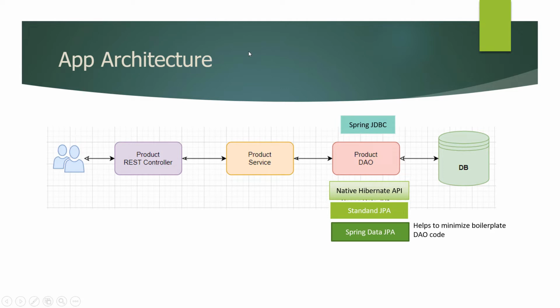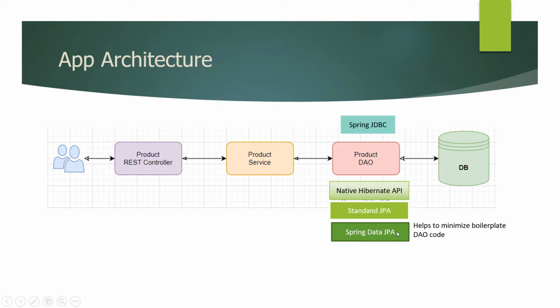So this is the application architecture, and we can see that when the client requests the endpoint, it goes to the controller, and it goes to the product service, like the service layer, and the last one is the DAO layer. That is the part that interacts directly with the database.